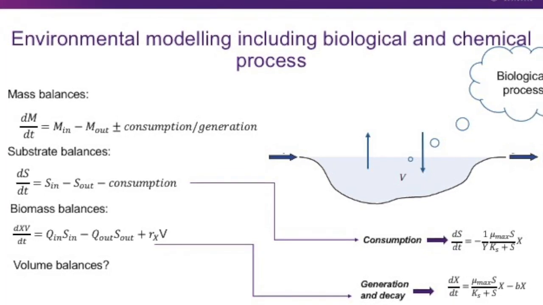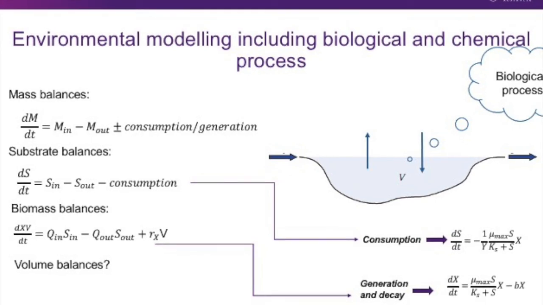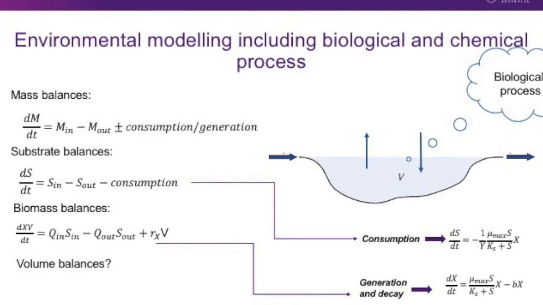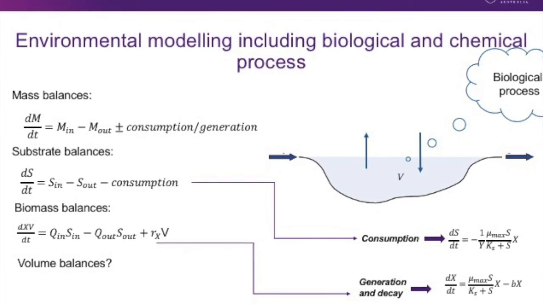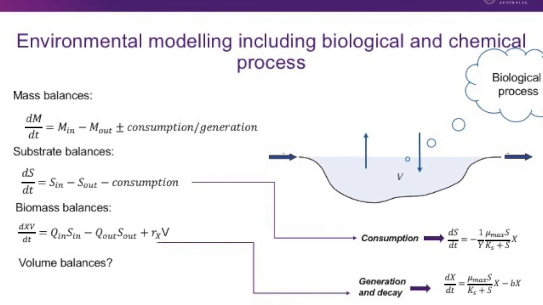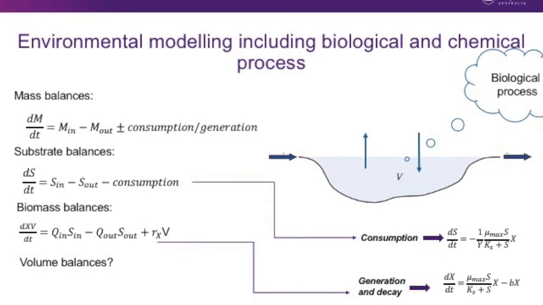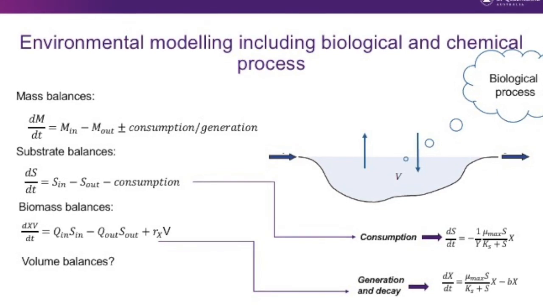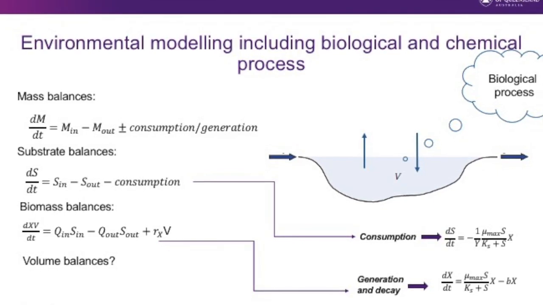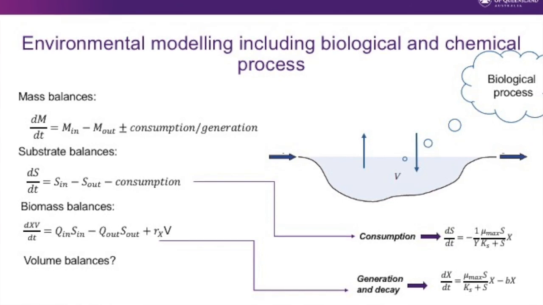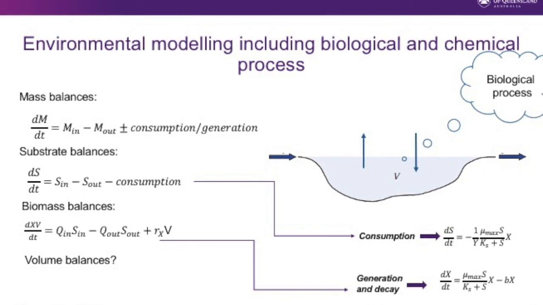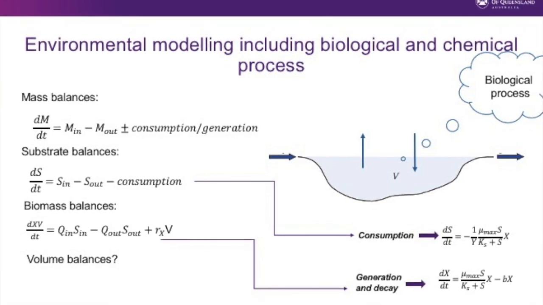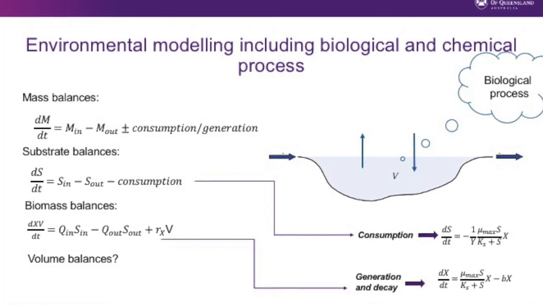But let's think about other types of biological processes that may actually generate that substrate, or release it. For instance, if we have sedimentation, some nutrients may be released with time. So we have other processes going on. This consumption term is the one from the equation that we just saw in the Monod kinetics, right?